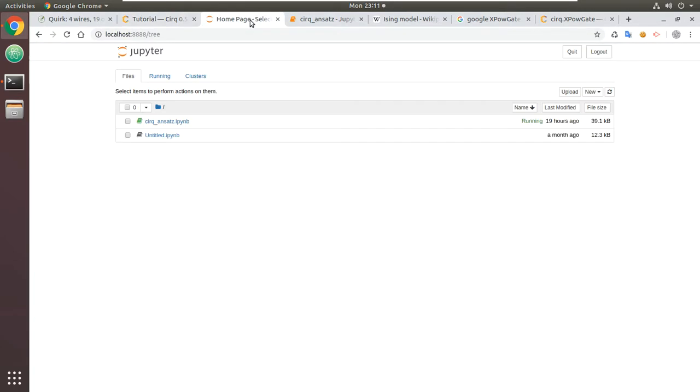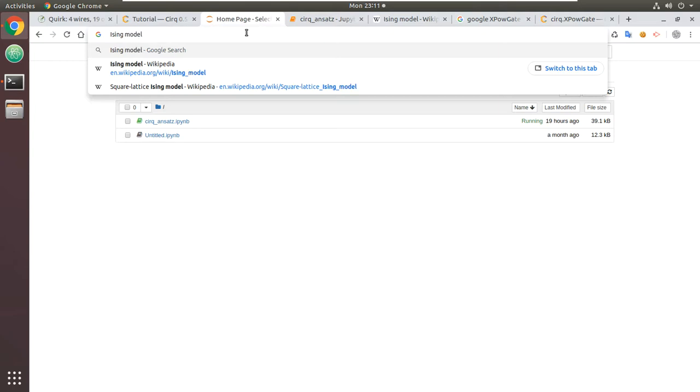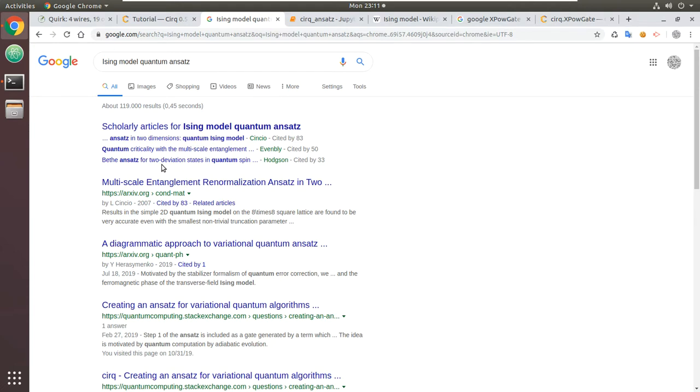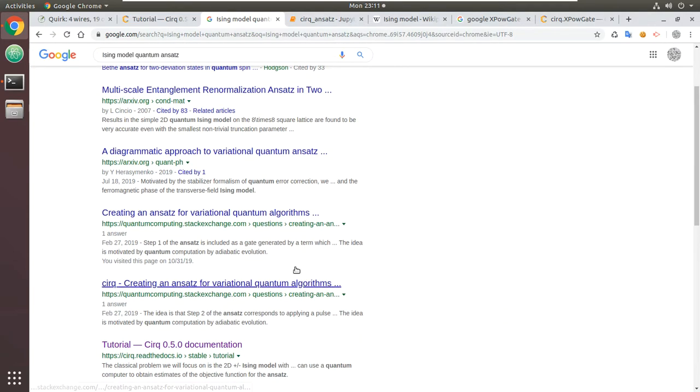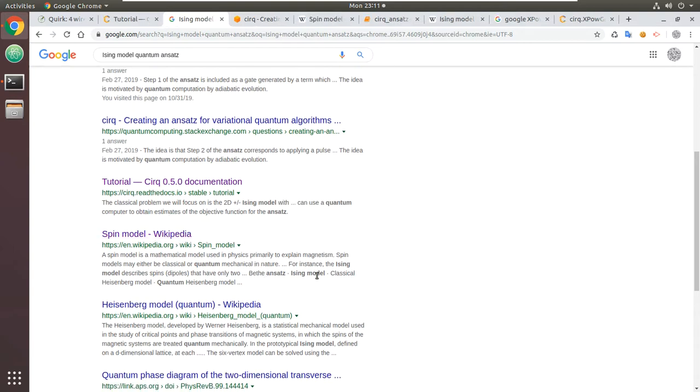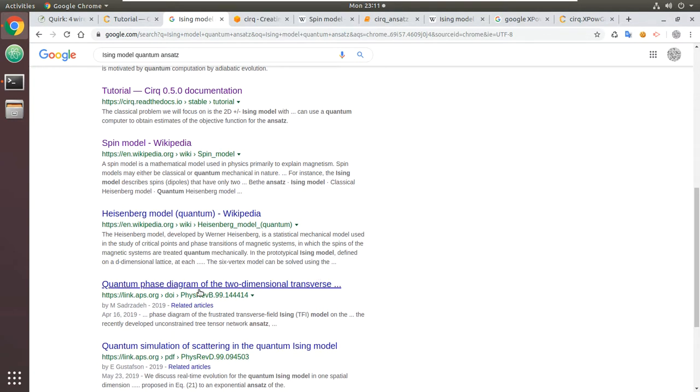What if I just Google Ising model quantum ansatz? So there is, of course, this in here, spin model, quantum phase diagram.